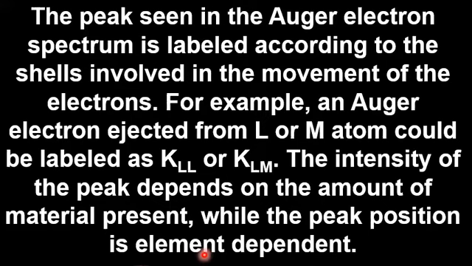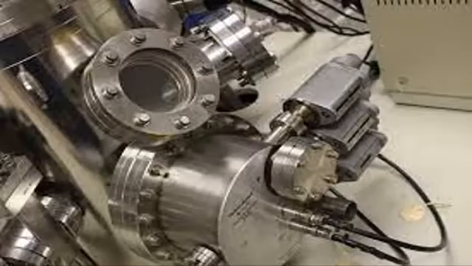So as a whole, with Auger electron spectroscopy you determine the amount of material present and the element present in a material. In simple words, you can determine the presence of elements as well as the composition of the material.